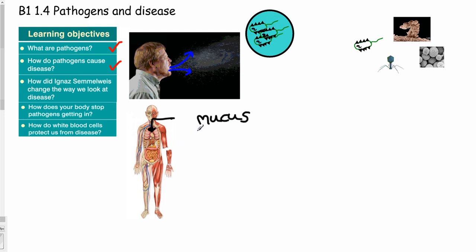Now these are then brought back up from the respiratory system and are either swallowed or coughed out and sneezed back out, stopping the pathogens from entering our body. So the second way is water droplets, and the way our body protects us is mucus in our respiratory system.